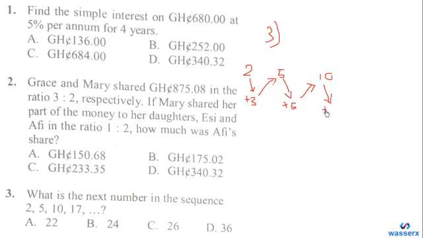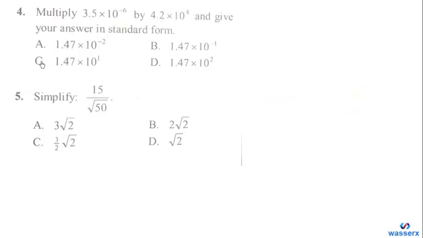Then we add 7 to get 17. So we can see that we are adding the odd numbers. The next number will be plus 9, and 9 plus 17 will give us 26. So the correct answer is option C. Now let's move on to the next question.